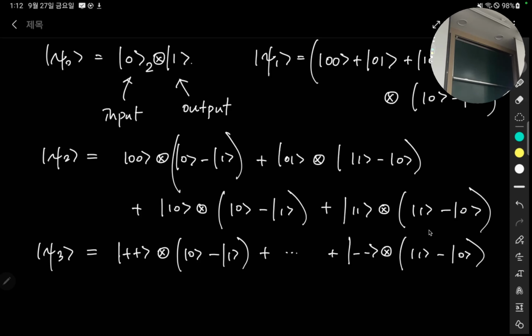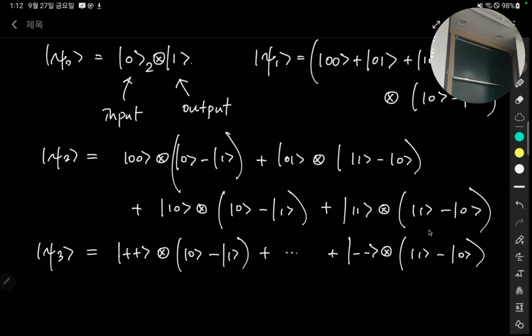I'm only interested in, if I expand, what is going to be the part that is tensor product to 0, 0 ket on the input register. I don't care about the others.